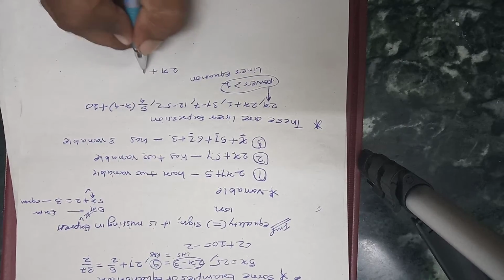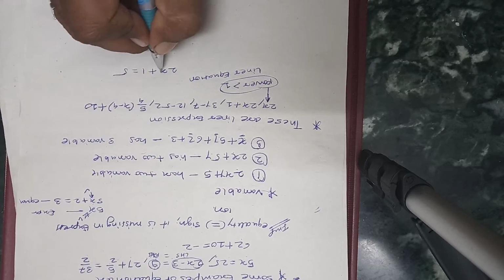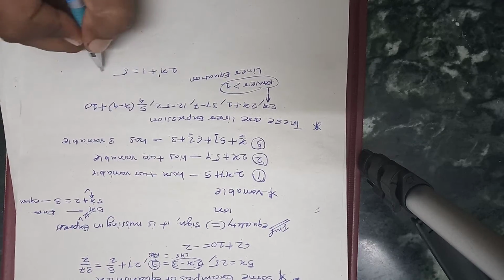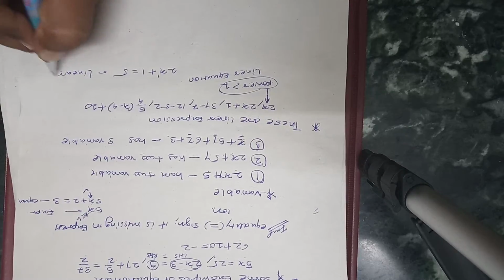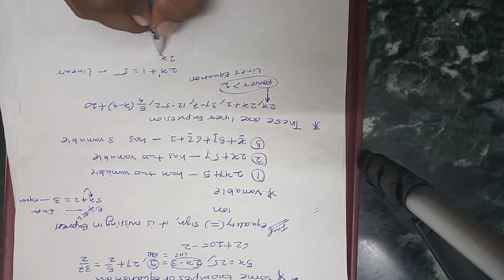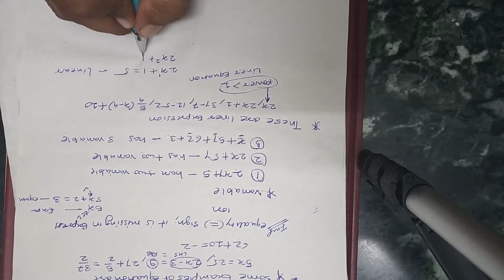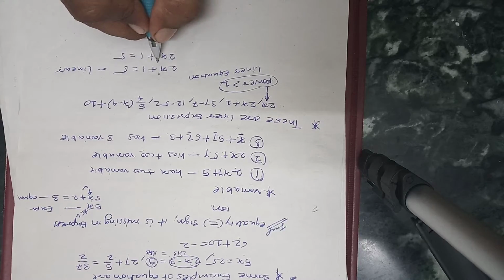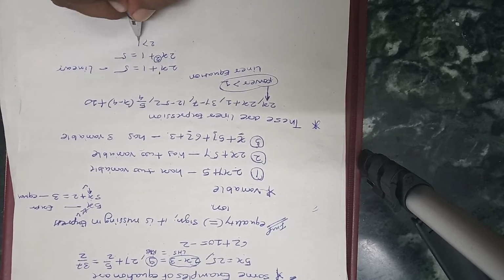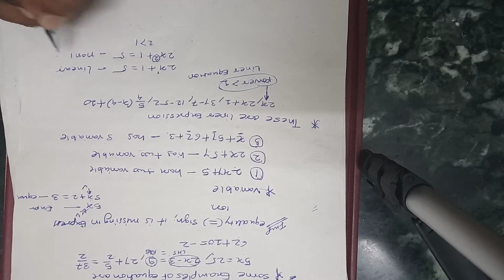Means 2x plus 1 is equal to 5. Here power of x is 1, hence it is linear. Same example, 2x square plus 1 is equal to 5. Here power of x is 2, which is greater than 1, hence it is non-linear.